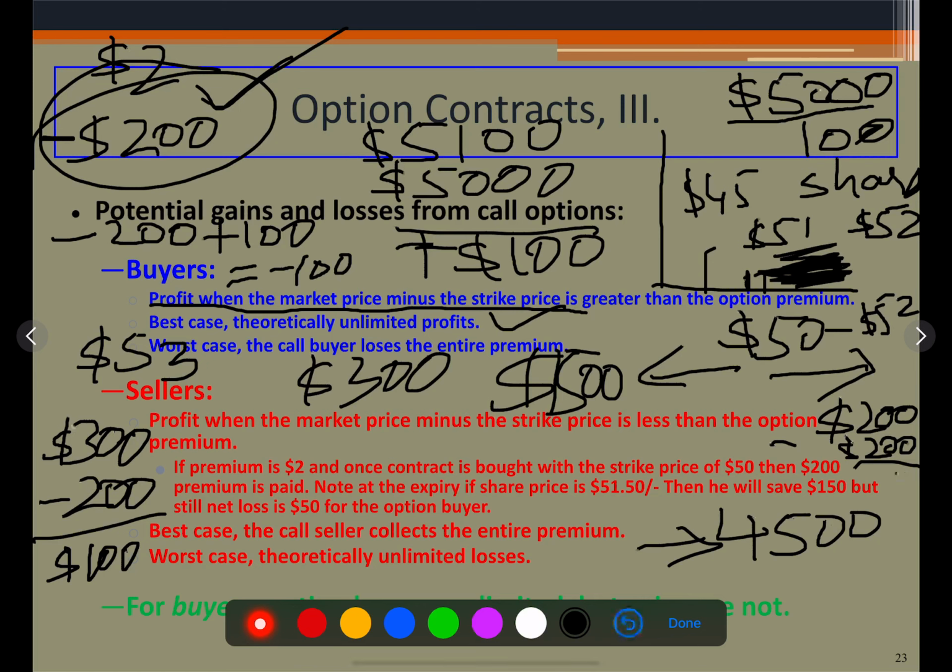So if you see that the profit when the market price minus the strike price is less than the option premium, it means the same thing. So the best case scenario for the seller of the call option is that he will retain the whole premium, and the worst case scenario is that there could be unlimited losses as well, right?